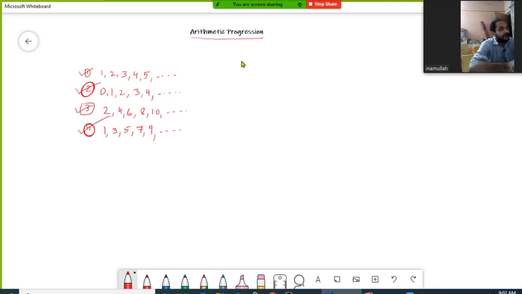These are the set of odd numbers. So these sets of numbers have certain names. If you observe these numbers, they follow a certain pattern.